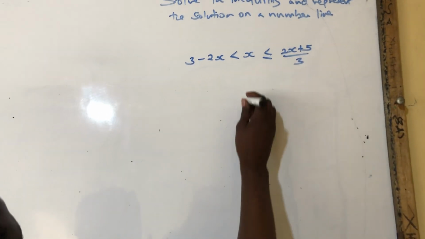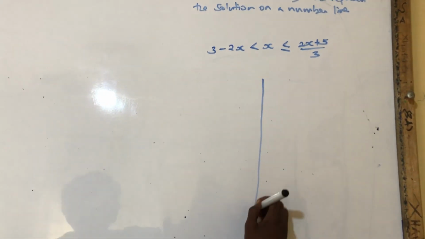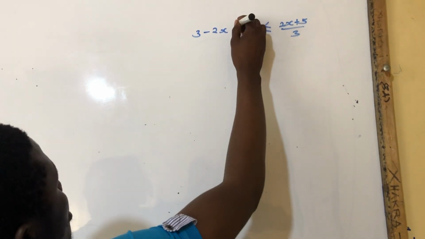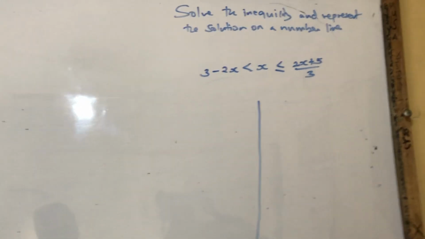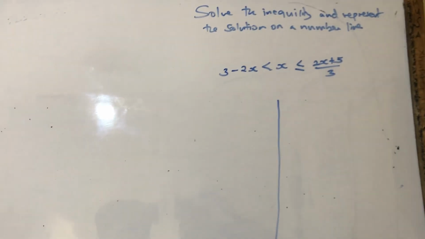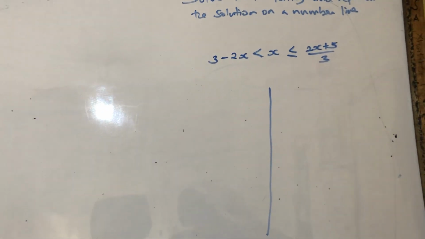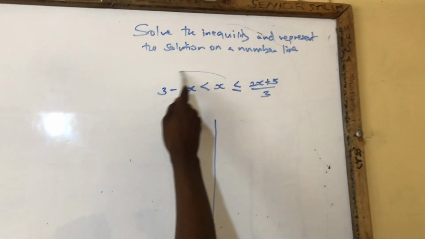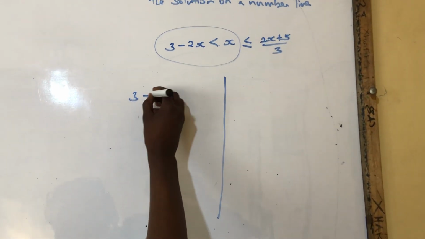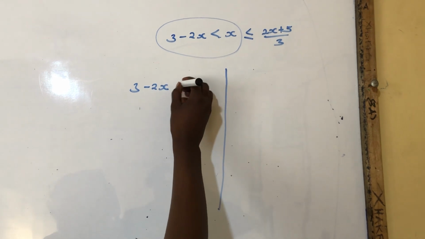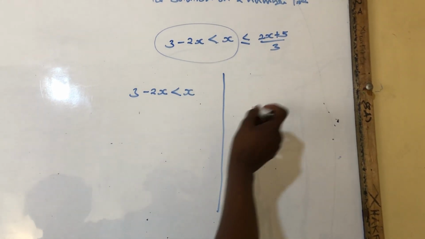Like we have already mentioned, in order to solve this inequality, a student is required to start by separating. How do you separate? I will have this part, 3 - 2x is less than x.